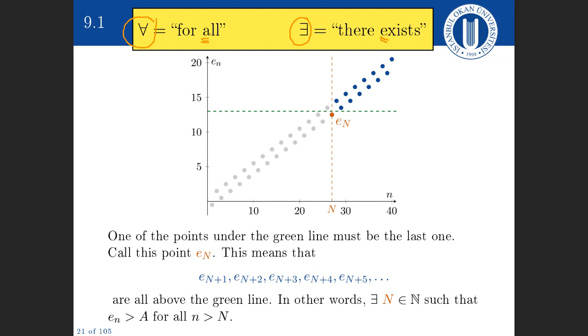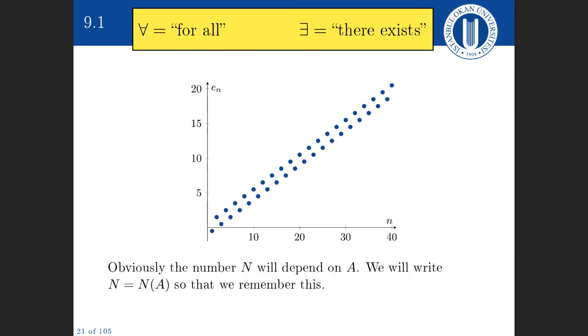It's an E because there's the letter E in "exists." Now, obviously, the number N that we're finding is going to depend on capital A. So if we wanted to, we could write that N is a function of A, so that we always remember that N depends on A.